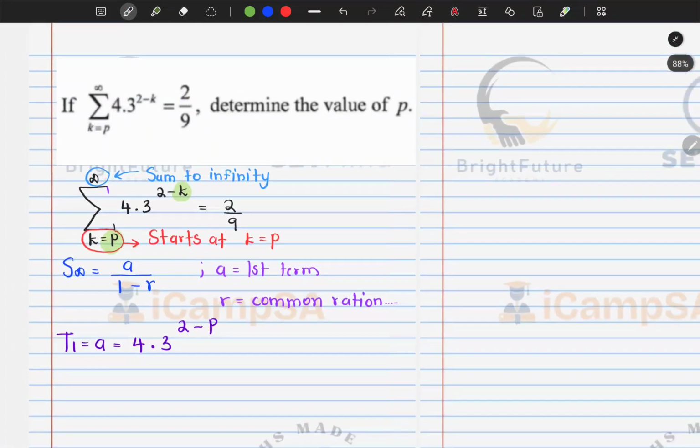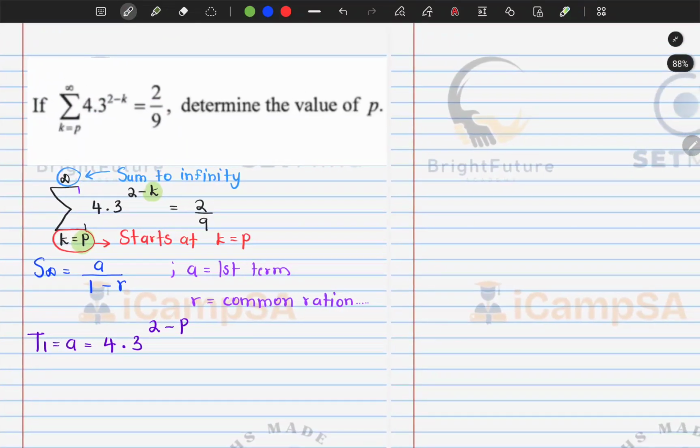Then what I need to figure out is the common ratio. Let's quickly manipulate this. Our Tn, which is our general term, is 4 times 3 to the power of 2 minus k. We can rewrite this as 4 times 3 to the 1, and then times 3 to the power of 1 minus k.